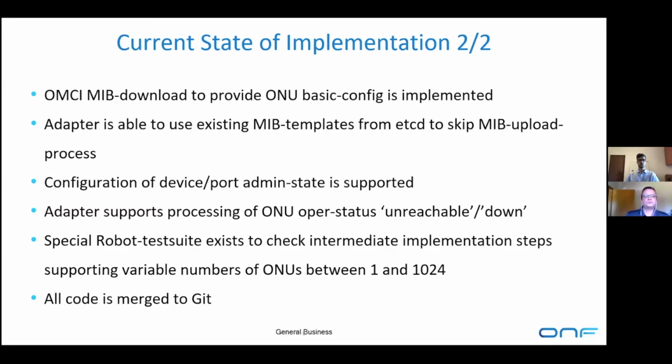The adapter furthermore supports the processing of ONU operational status unreachable and down. And furthermore, we have a special Robot test suite implemented to check the intermediate implementation steps, and it is possible to support variable numbers of ONUs between 1 and 1024 with this test case.